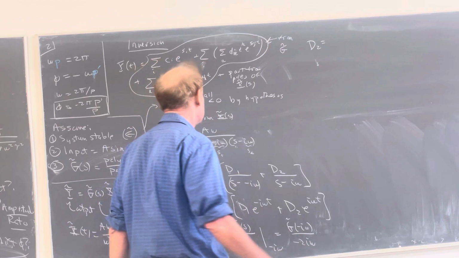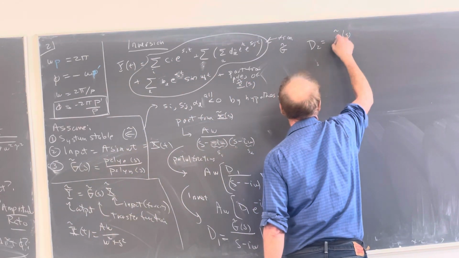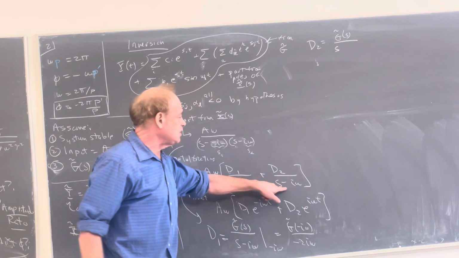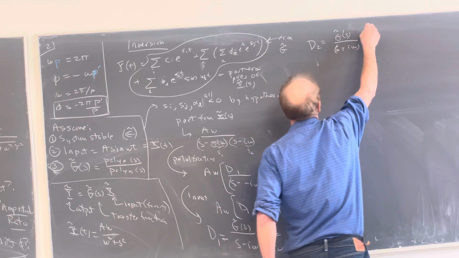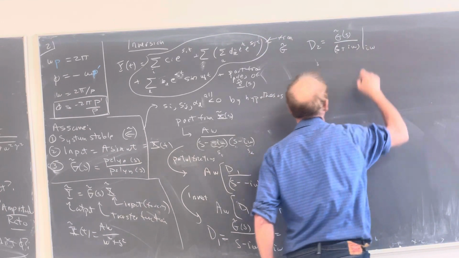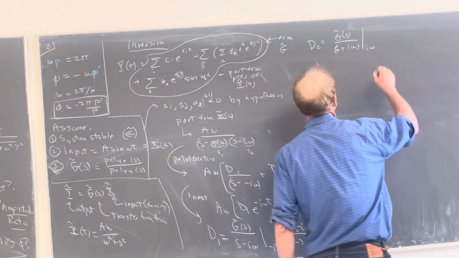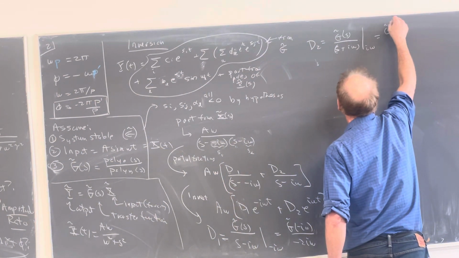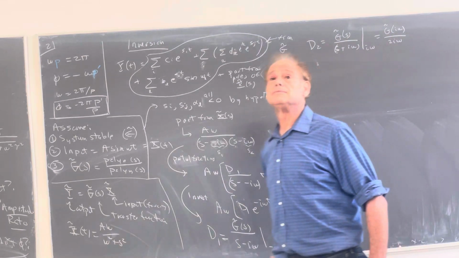So that's equal to G tilde of s over s, everything but this factor. So it still has this factor, minus I omega, evaluated at I omega. So what's that equal to? That's just equal to G tilde of I omega over 2I omega. Is that clear?